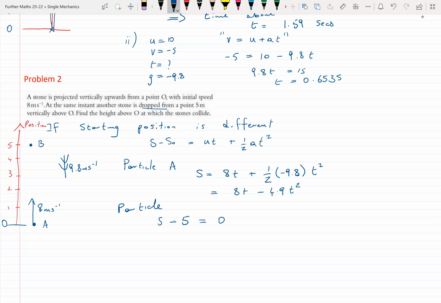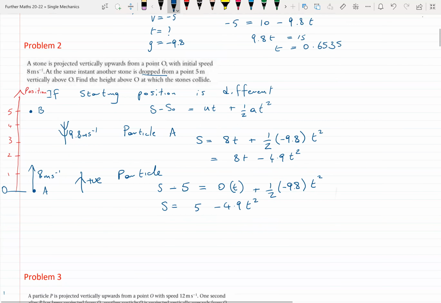It equals u t, well that's naught times t, plus a half times minus 9.8 t squared. So that gives us S is equal to 5 minus 4.9 t squared. Notice that the acceleration is negative in both cases because we're taking upwards as positive for both particles, so that we're consistent.